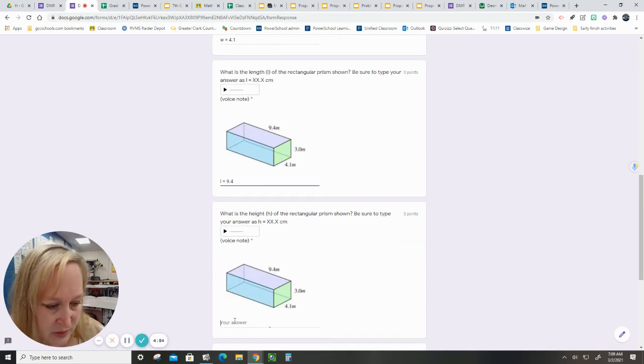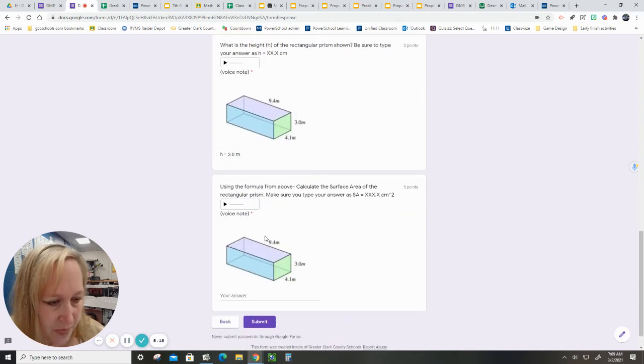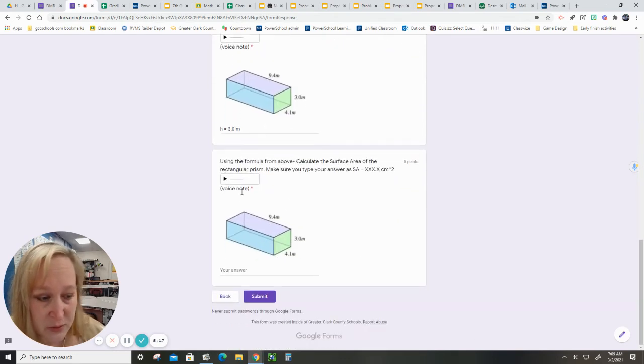And then the last one down here is the height. So H space equals, what was it? 3.0. And I guess, as I usually forget, you should include the correct units.